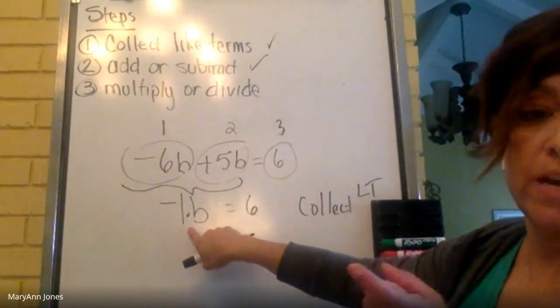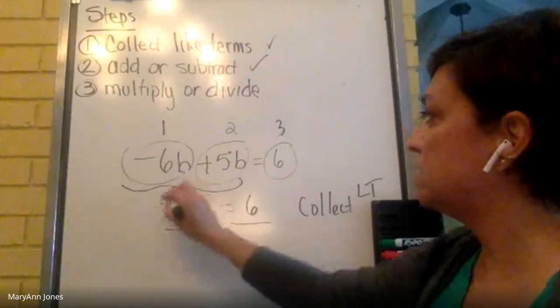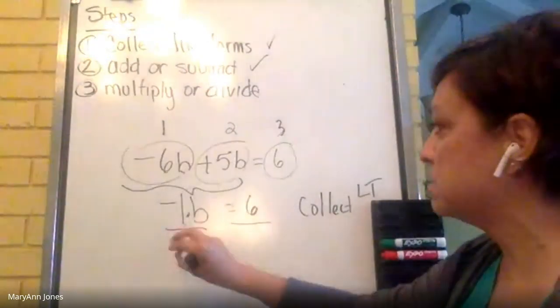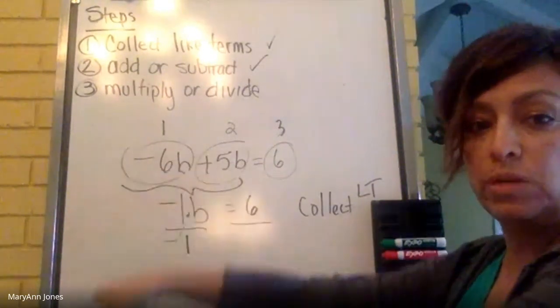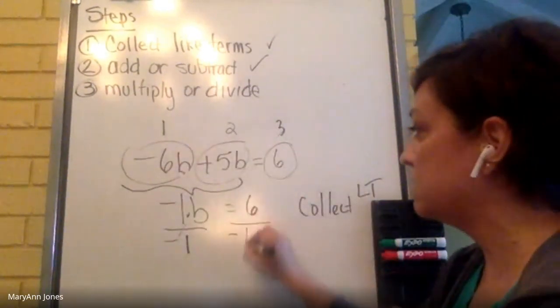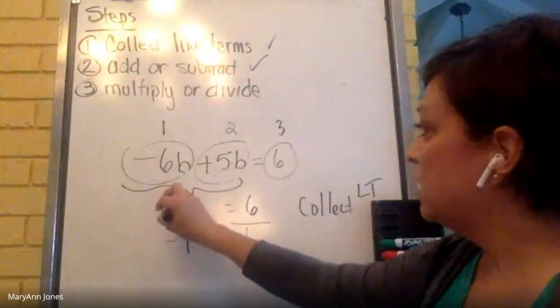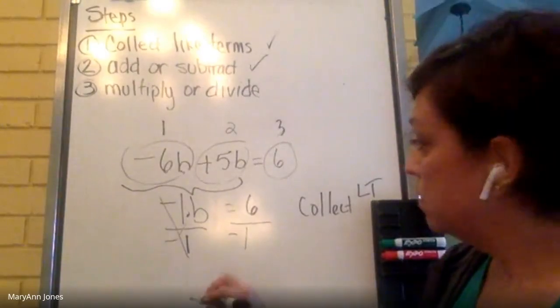I said multiply, so we have to undo multiply by doing what? Dividing. And we're going to divide it by this number in front of the b, because remember, we're trying to isolate it, get it by itself. So I'm going to divide this side by a negative 1. And remember, what we do to one side, we do to the other. So I'm going to divide this one by negative 1 also. Negative 1 divided by negative 1 is 1.